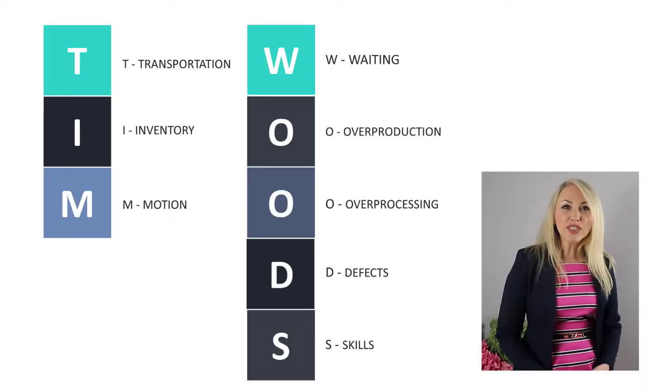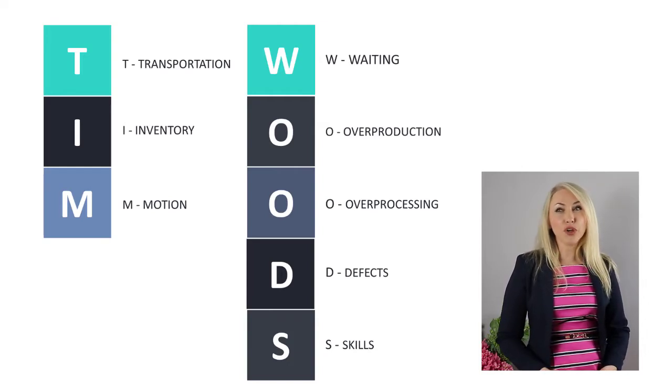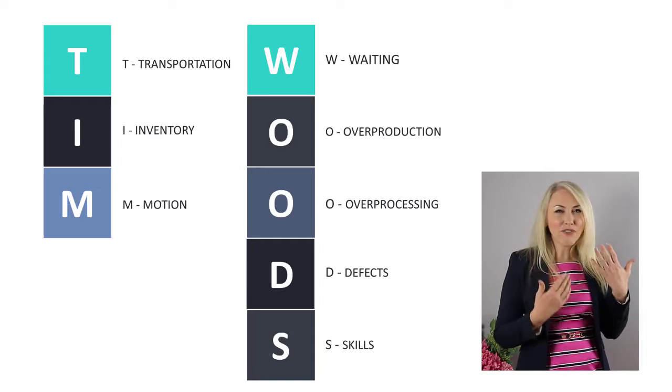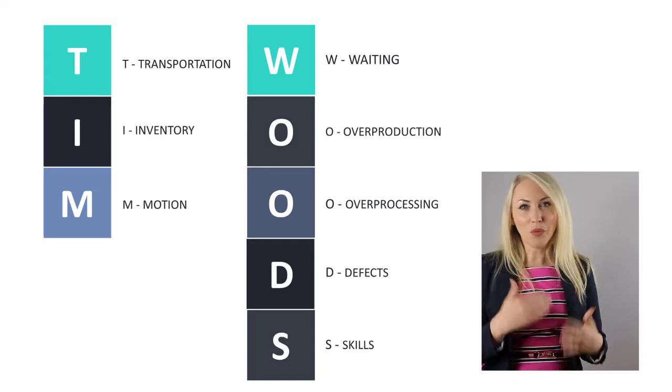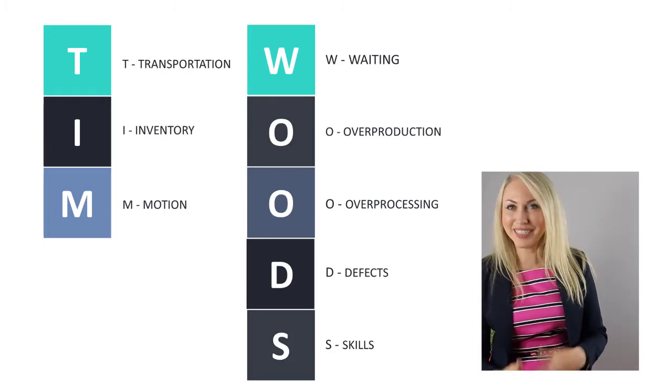So this tool is called TIM WOODS. I know it seems a little unusual, but it's a really good memory jogger, a really good trick to remind yourself of the different categories of inefficiency. This tool and this technique is really about being systematic in looking through our processes, everything we do, and trying to identify every single inefficiency that we can, and then start hammering them one by one in order of priority, in order of what's the most important to you.